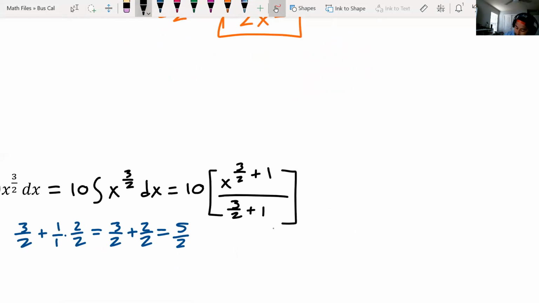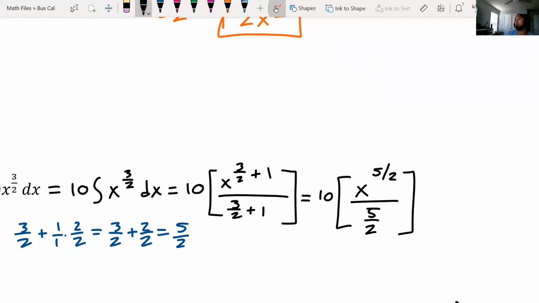So we're going to have 10 times x to the 5/2 over 5/2. Okay, now we still have some fixing. We can't have a fraction in our denominator. So we will multiply by the reciprocal, or what students love to say is we will flip this.